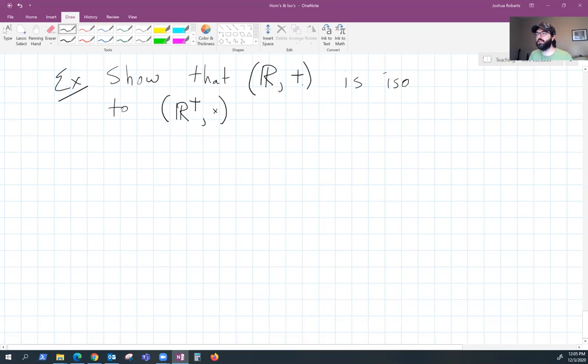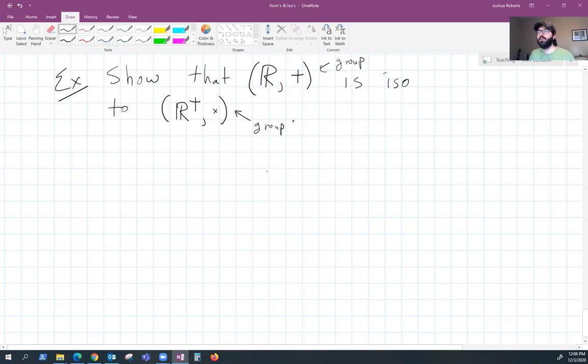So ordinary addition on the real numbers is my first group. This gives me an abelian group structure. And looking at positive real numbers with the ordinary multiplication on the real numbers, that also gives me a group structure.